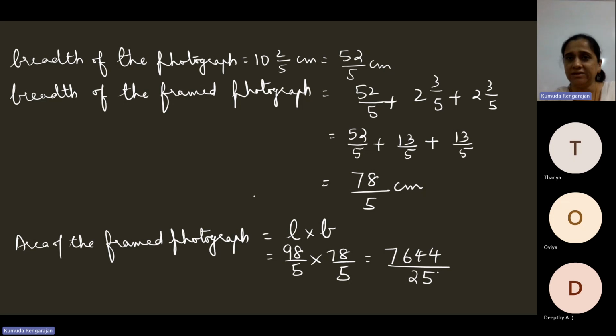In addition and subtraction, we write the denominator as it is. This is multiplication, so you need to multiply the denominators. 5 into 5, 25. Now write this as a mixed fraction. Centimeter square. Write it as a mixed fraction, and the unit is centimeter square because it's area.